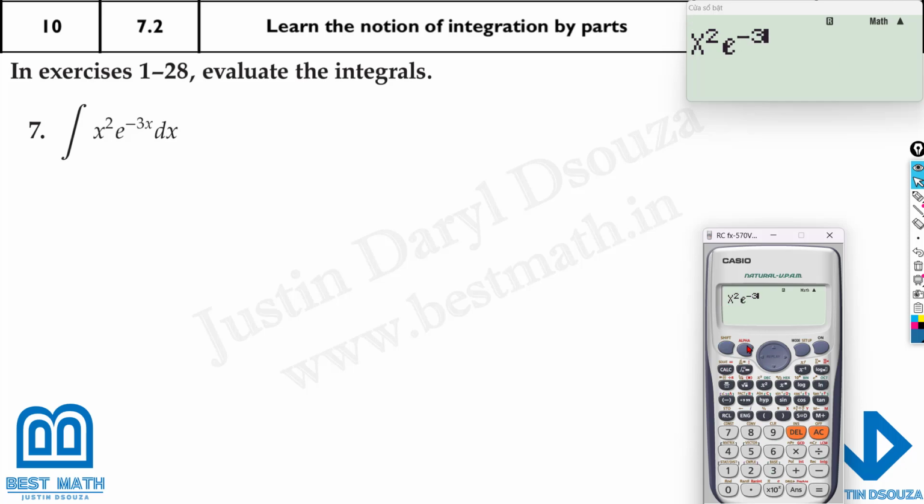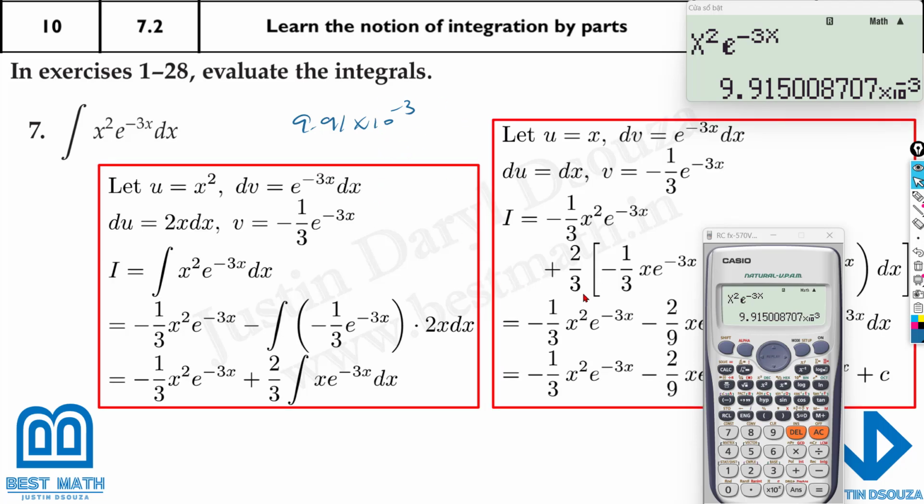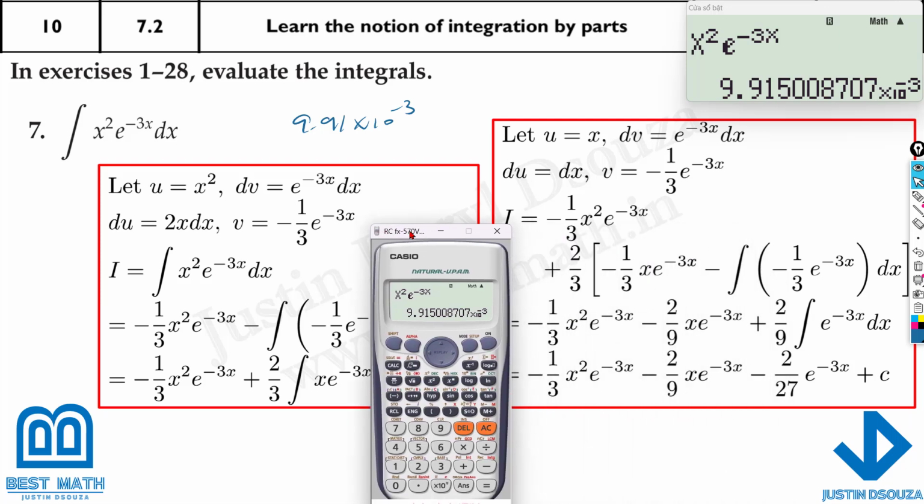e to the power minus 3x calculated at 2 is 9.91. Let me write it: a into 10 to the power minus 3. This is very important because sometimes it will vary, like 10 to the power minus 5 or 10 to the power minus 4. So let's write it out, and you can see this is a huge answer.